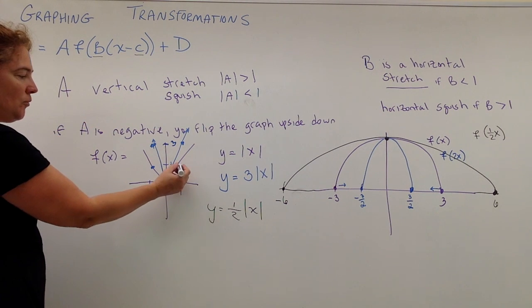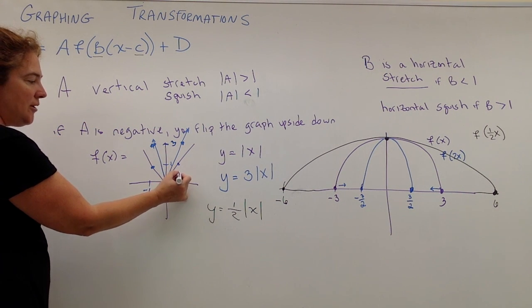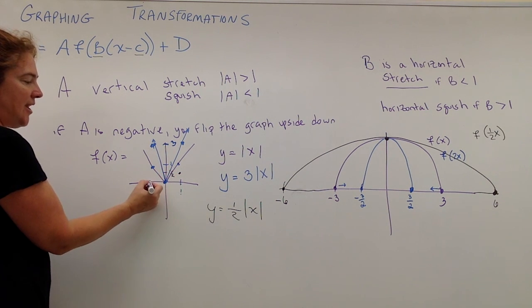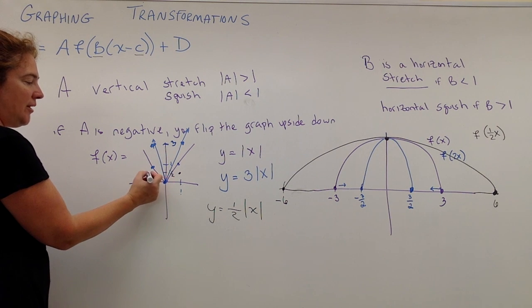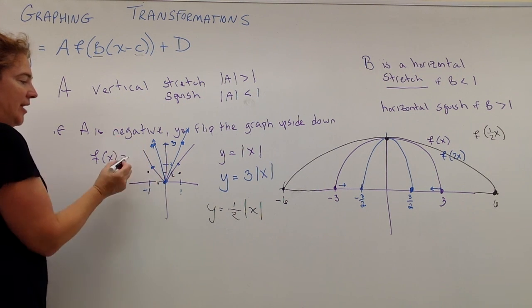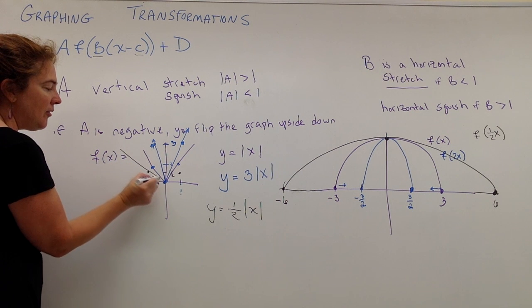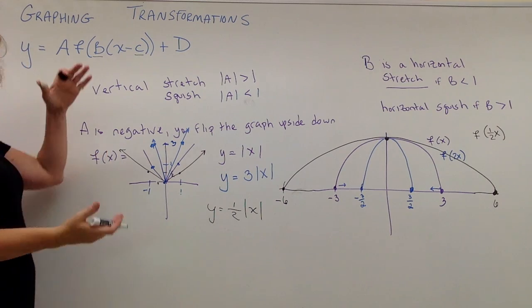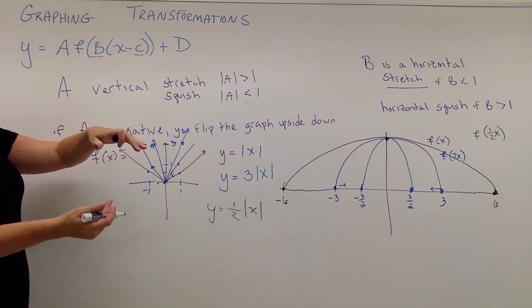So instead of 1, 1, I would have 1/2. Instead of negative 1, 1, I would have negative 1/2, and I would get a much wider V. Okay, it's been squished down and made fat.